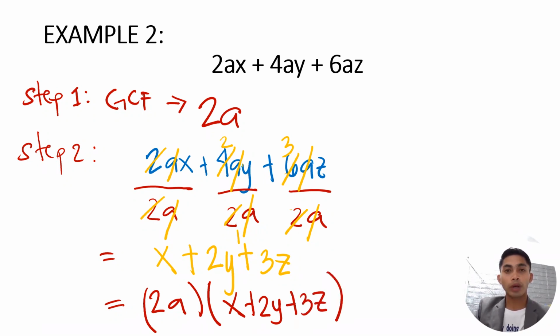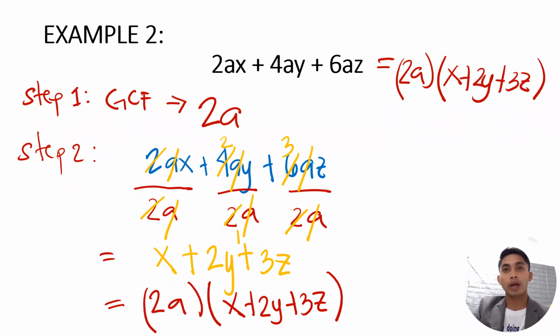So therefore, the factor for example number 2 is 2a times x plus 2y plus 3z. So this is our final answer. So the factor for 2ax plus 4ay plus 6az is equal to 2a times x plus 2y plus 3z.